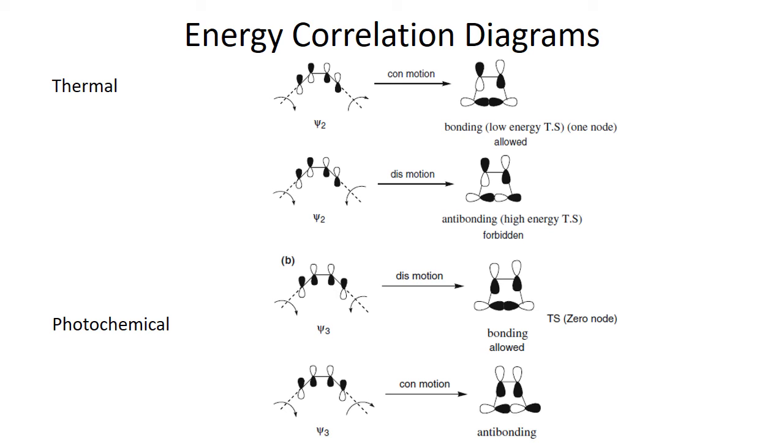We call that molecular orbital pi 2, or you can say psi 2. So the HOMO of thermal electrocyclization of butadiene is psi 2 basically. From psi 2, when we carry out conrotatory motion, the p orbitals at the terminal positions have to rotate in the same direction.